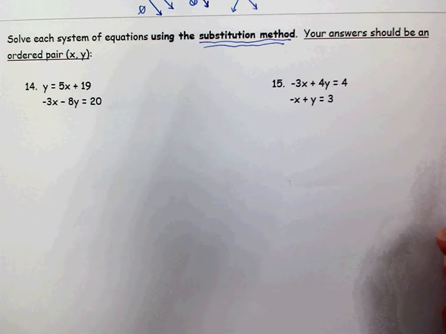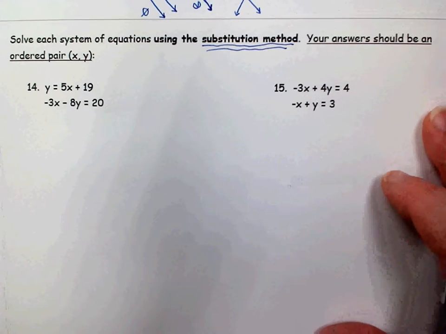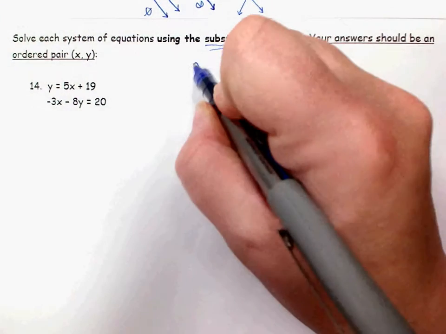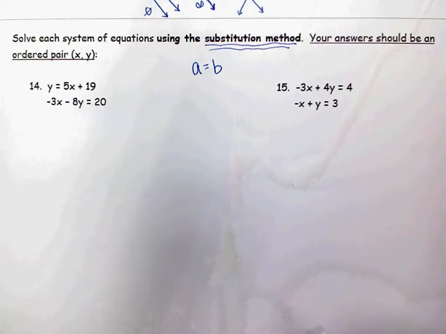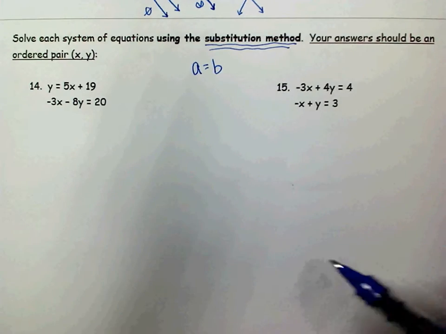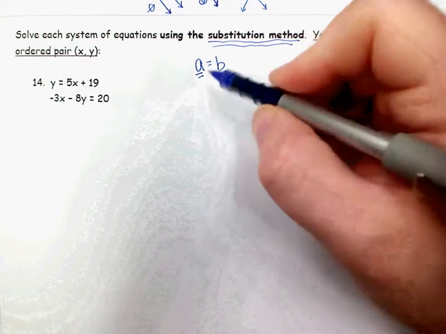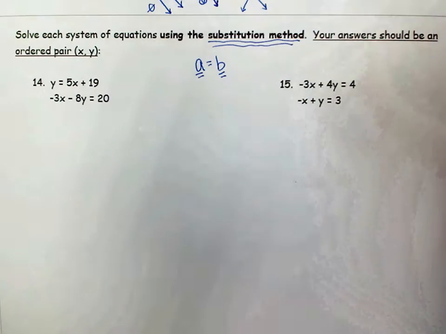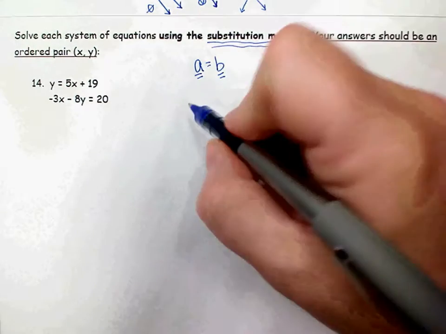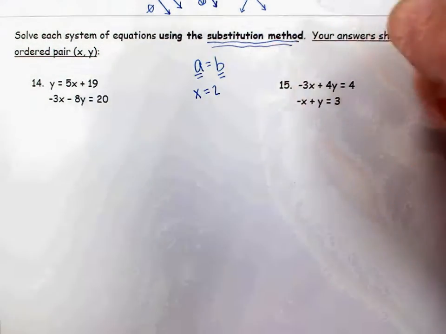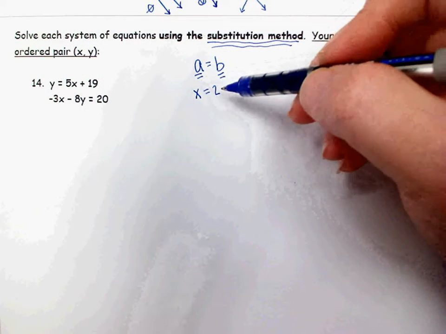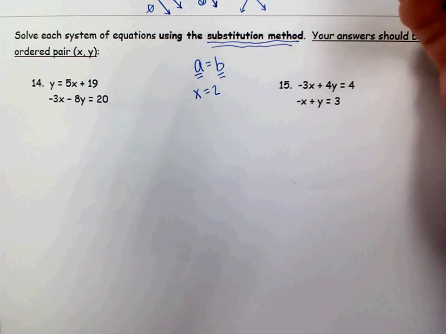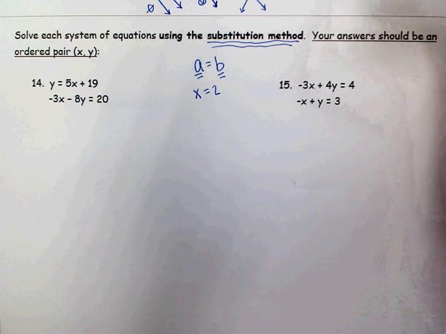Now, the substitution property just says if you know two things are equal, let's say A equals B, that means everywhere I see an A, I can replace it with a B because they're equivalent to each other. So if I know x equals 2, everywhere I see an x, I can replace it with a 2 because those are equivalent to each other. That's all substitution means.